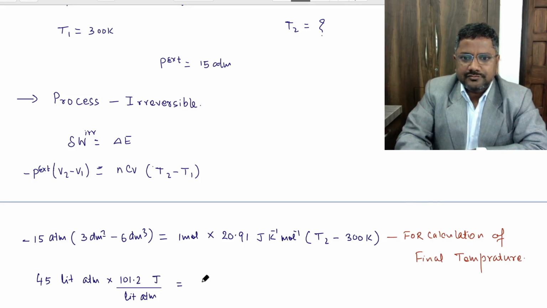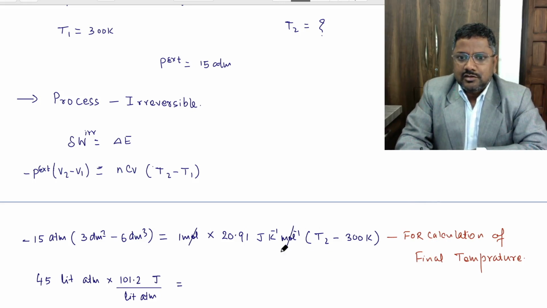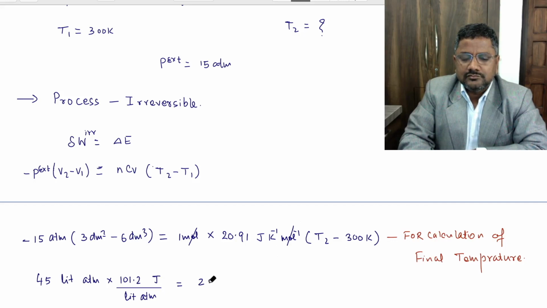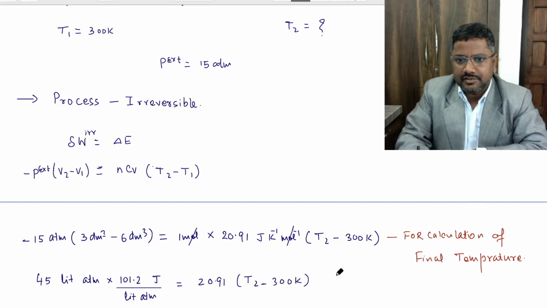This is equal to, the mole cancels, joules per Kelvin, 20.91 times T2 minus 300 Kelvin, right?